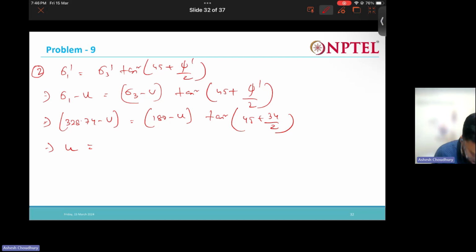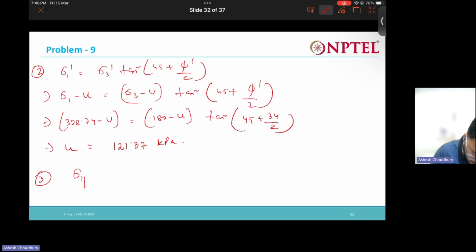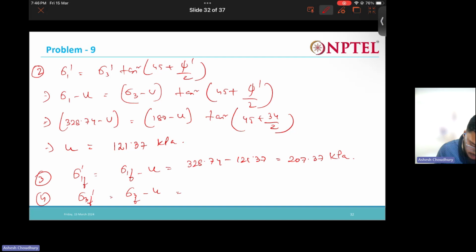What is the third one? Major principal effective stress at failure, and minor. You see, only 180 minus u. Right? Very simple.